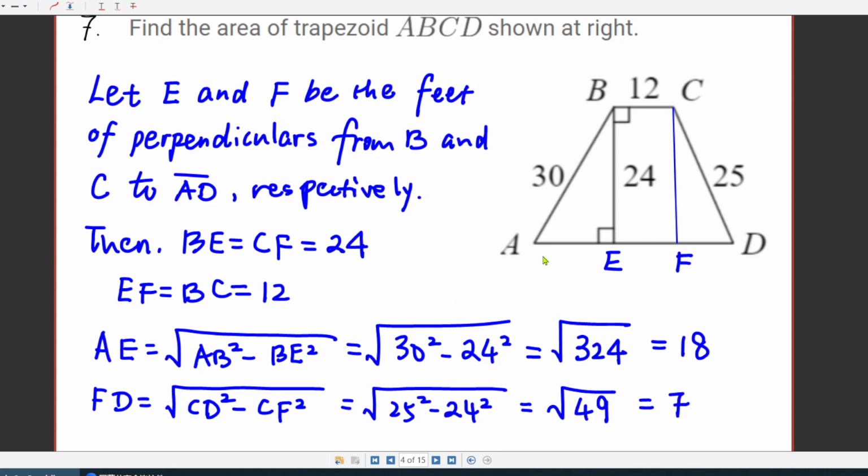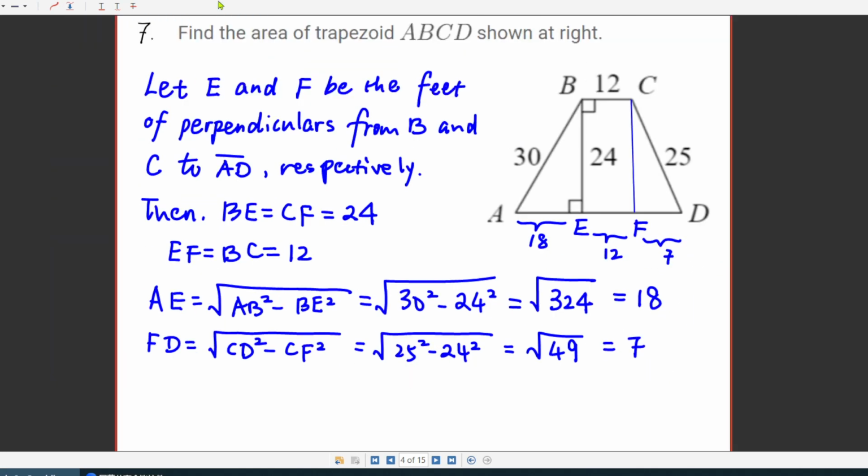Therefore, we know this length is 18, and FD is 7, and EF is 12, right? Therefore, we know the length of the other base equals AE plus EF plus FD, and that's 18 plus 12 plus 7, which is 37, right?